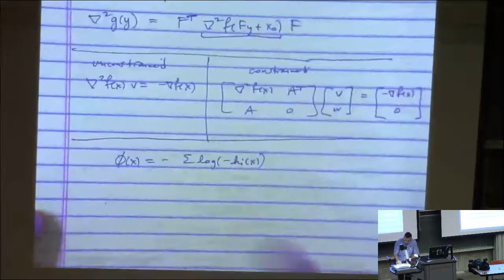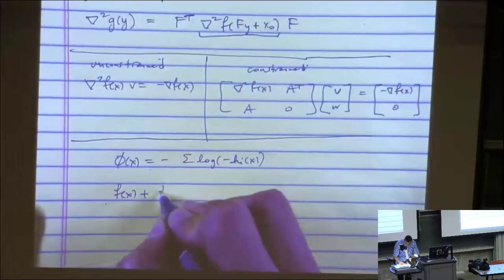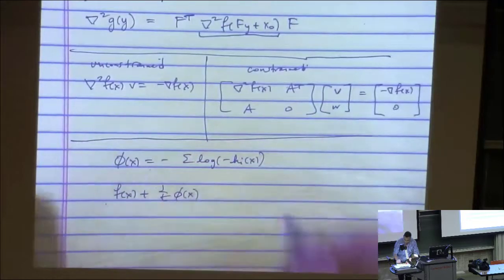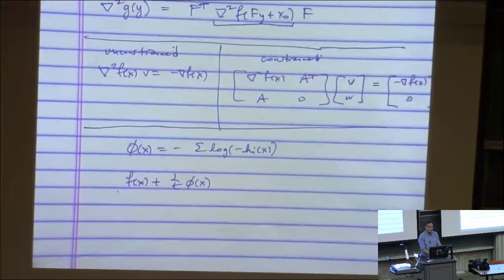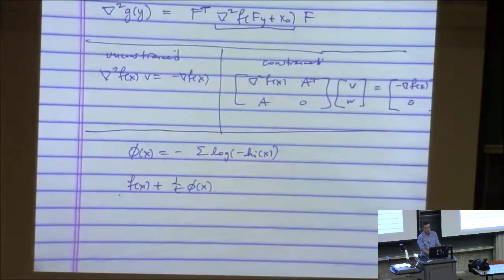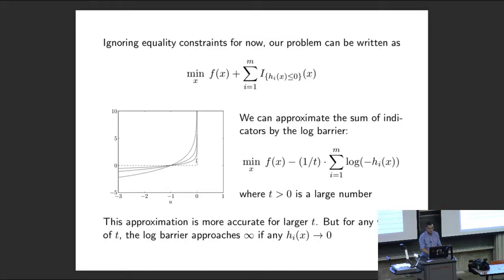If I multiply phi by 1 over t, this is just f of x plus 1 over t times phi, where t is some very large number. That gives me a smooth approximation to the problem, which is equivalent to having the h_i's as inequality constraints. The larger the t is, the more accurate this approximation is, because for very large t I'm only smoothing the indicator a little bit. That's the motivation for that function.